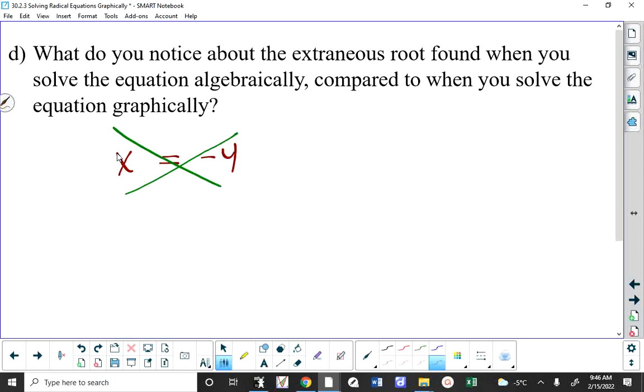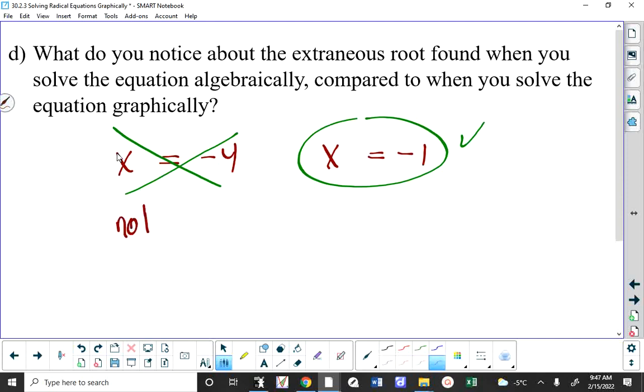And we had this solution which was correct. What do you notice about the extraneous root when we went to solve it graphically? We don't see it. This is not visible graphically. And it's not visible graphically for a very simple reason. It's not a solution, so why should they cross at that point? If they crossed at that point, it wouldn't be extraneous.